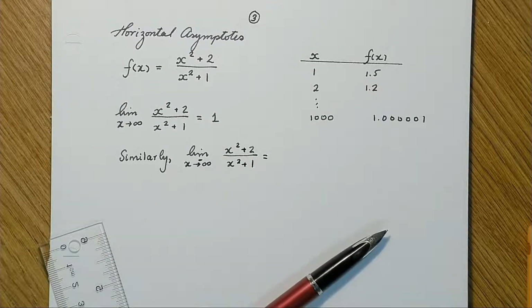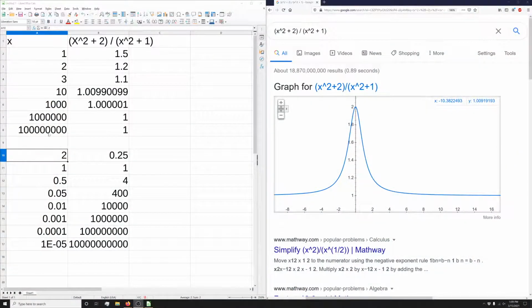Okay, so again, I'll switch back to here, and instead, minus 1, minus 2, minus 3, minus 10, minus 1,000. Maybe I should just put a minus there, and a minus here as well.